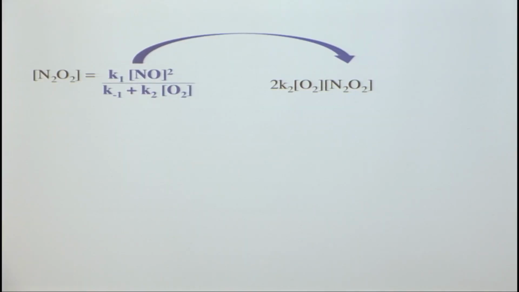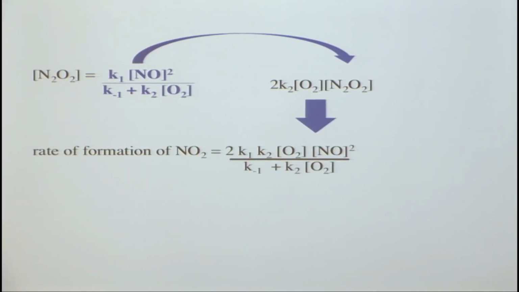So we're going to plug it in there, and that's going to give us this. So we have our 2, we have a K1 from here, a K2 from here, we have our oxygen concentration, we have our NO concentration, second order, over K minus 1 plus K2 times the concentration of oxygen.